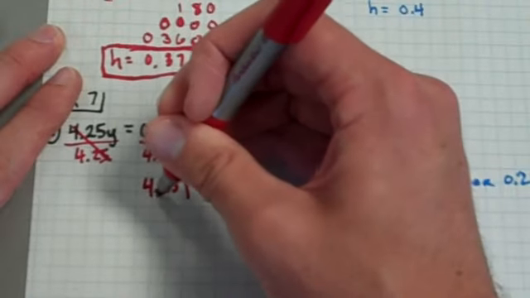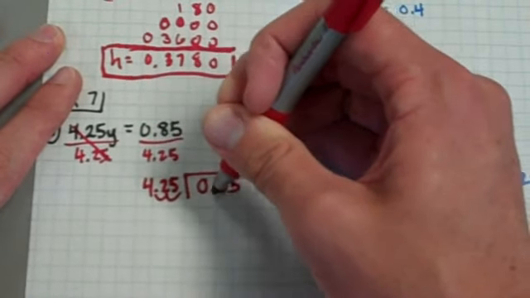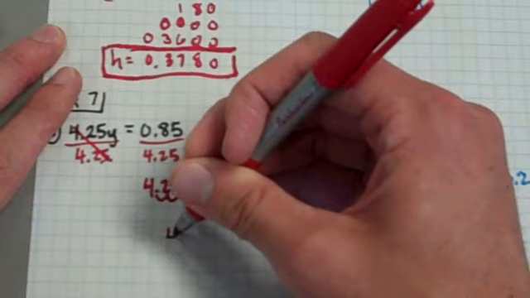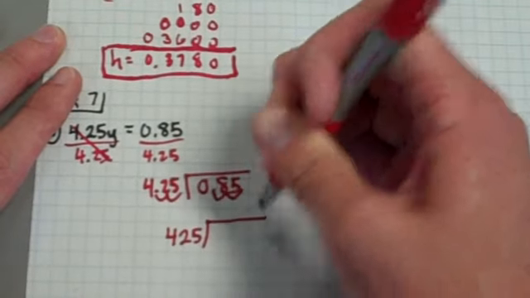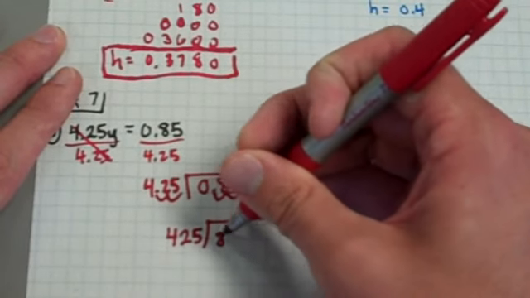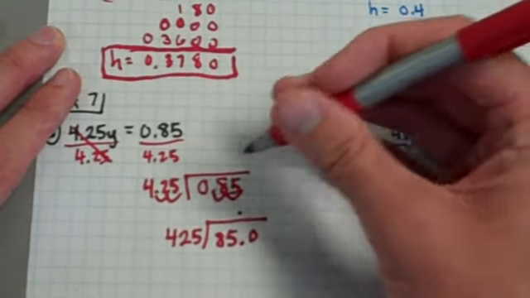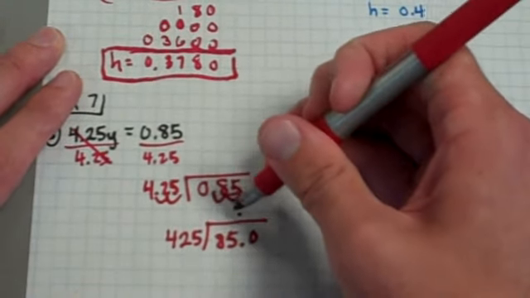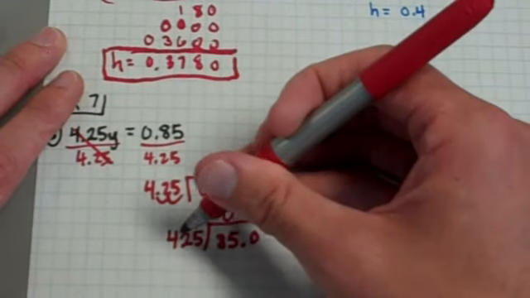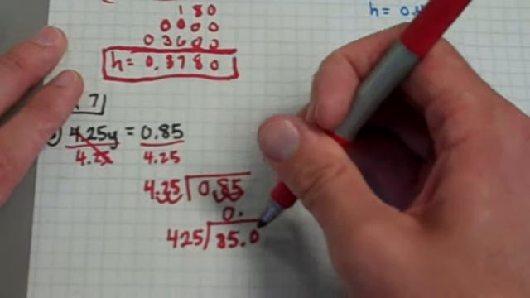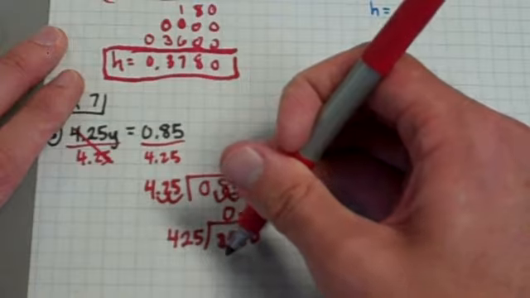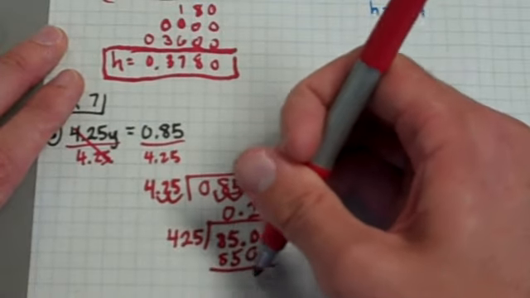Then once again, I want to move my decimal places. 1, 2, 1, 2. So now I'm doing 425 on the outside and 85 on the inside. Now 425 does not go into 85, but 425 does go into 850 twice, with nothing remaining.